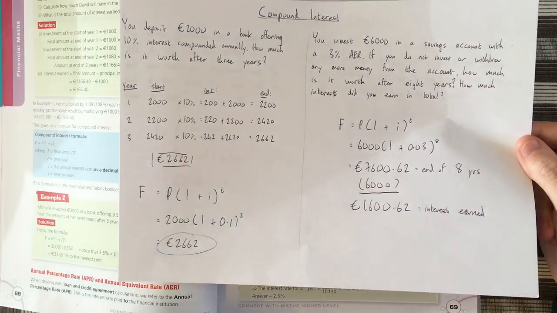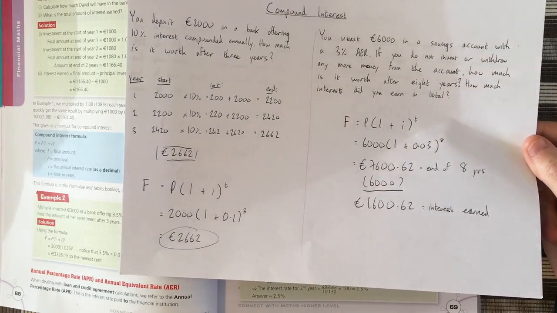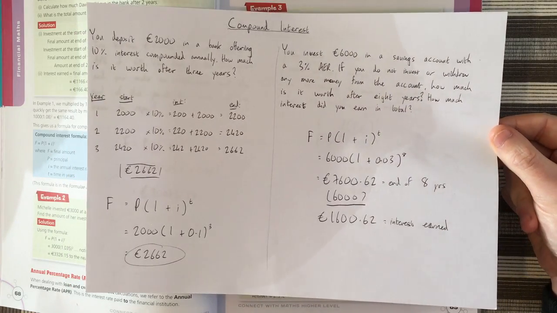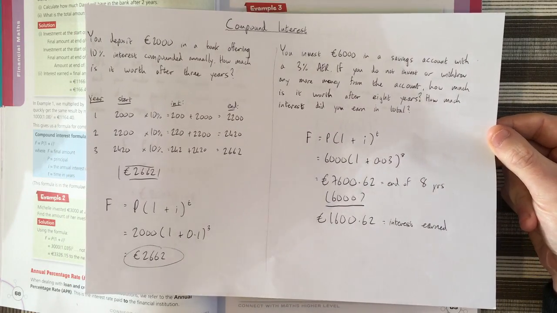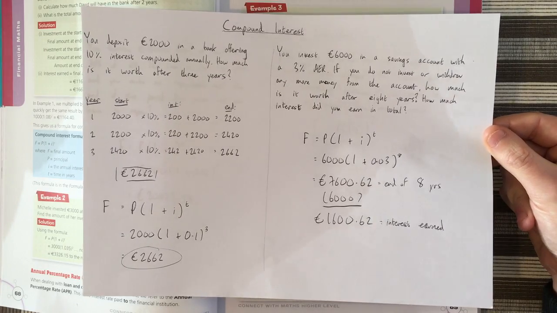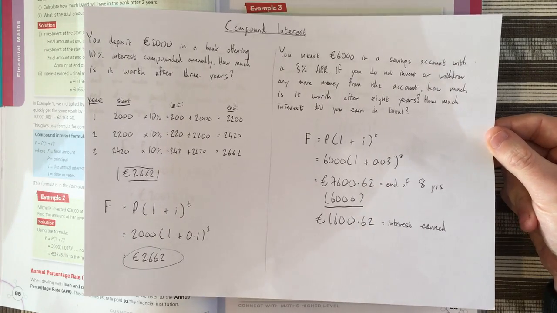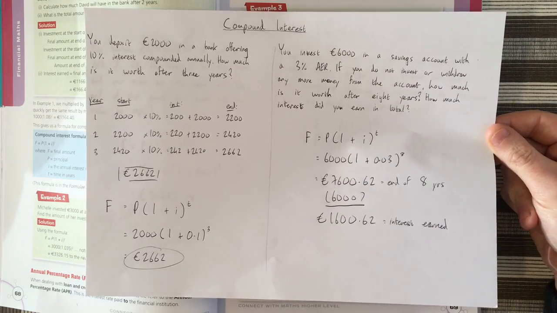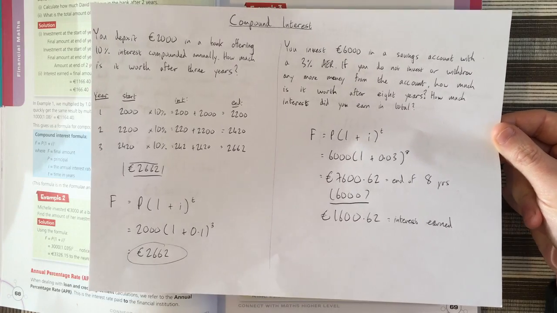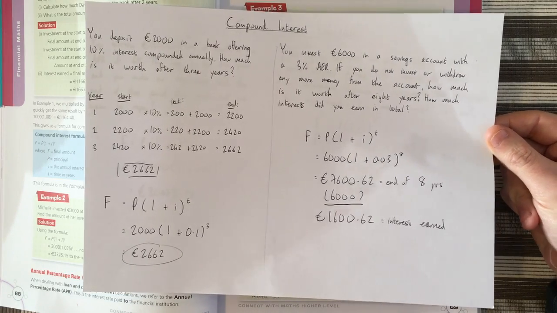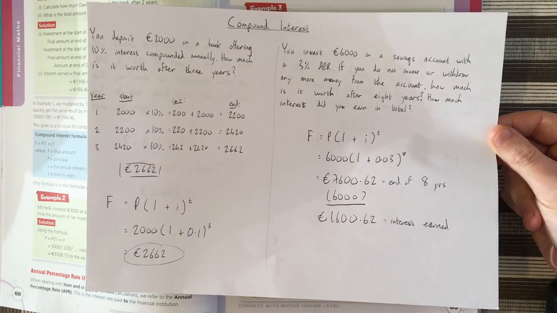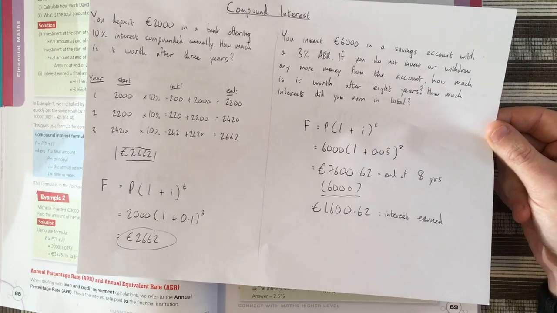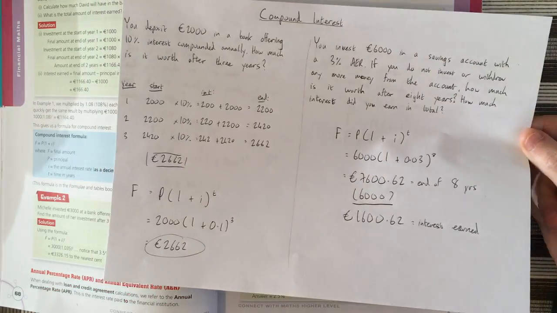So if you are saving or investing money or depositing money, you can only use the compound interest formula if you don't withdraw money during the period, you don't add any more money into the account during the period, or the interest rate doesn't change. Okay, so you have to just put money in the account and leave it there for whatever period, and then the compound interest formula will tell you how much it's worth at the end of that period. Okay, if those conditions are met, it's definitely way quicker than doing it year by year.